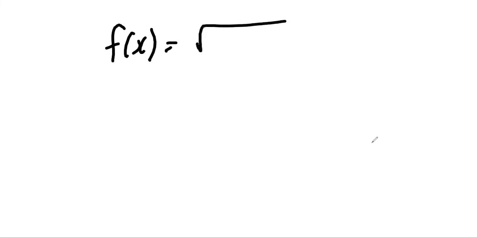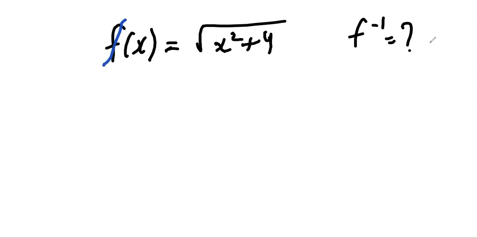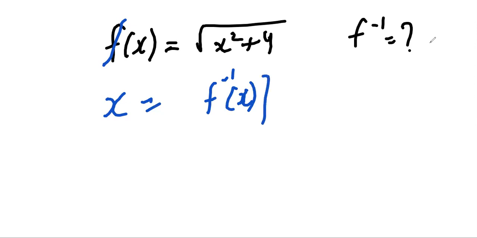Now talking about more questions. The question is function of x equals under root x square plus 4. You have to calculate the inverse function again. Simple, same like this. You have to remove the function from here and write x, and put the inverse function in place of x, so it will be f inverse of x equals under root x square plus 4.